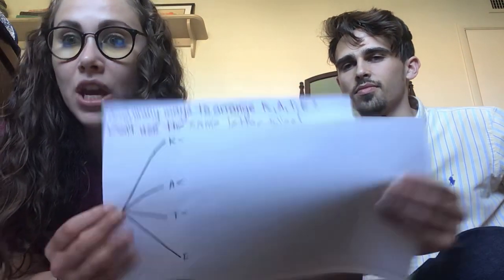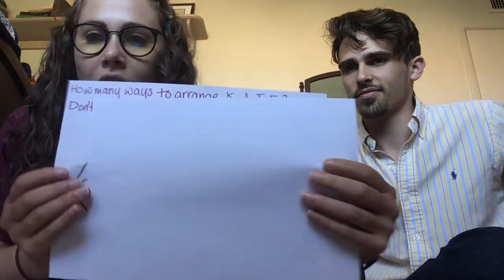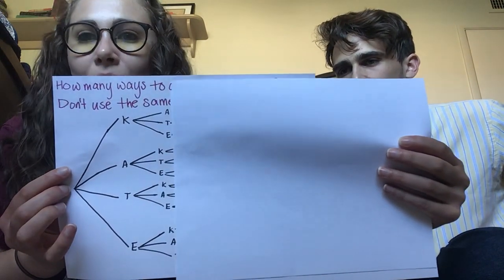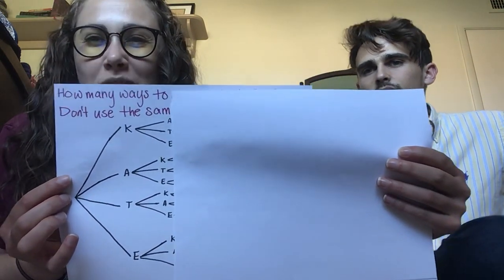I want you to pause the video, finish the tree diagram and figure out how many words you could make with the letters K, A, T, and E. Remember, they don't have to actually make real words. All right, hopefully you finished that up and you saw that for the first one we had 4 options, but then for our second choice we now only had 3 options because we already used one of the letters.